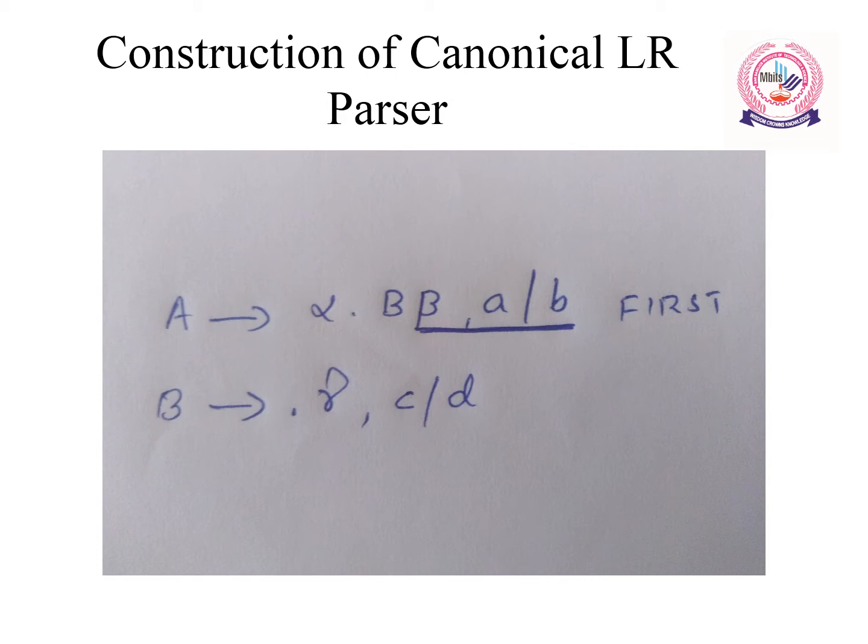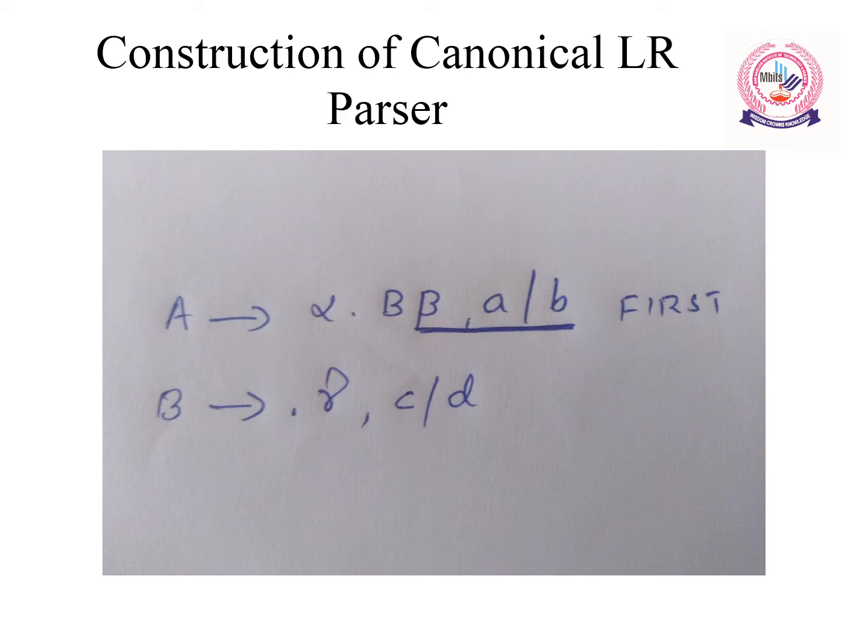How do we identify that the lookahead of the production B is c or d? In order to identify the lookahead, what we need to do is identify the first function of the symbol that comes second after the dot.